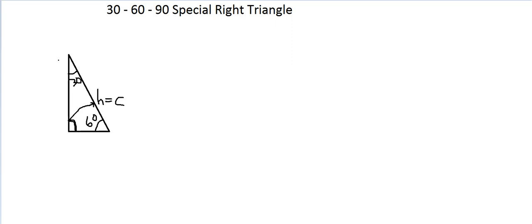Now, how are we going to find the measure of the sides of this 30, 60, 90? I'll give you another triangle. Let me use another color here. Say this one. Let me adjust this one.